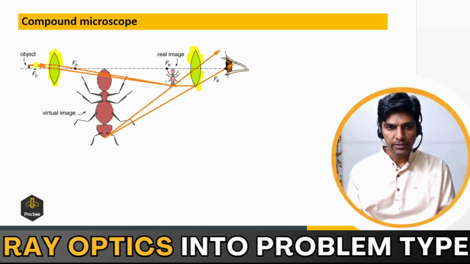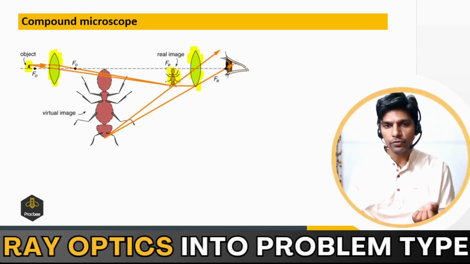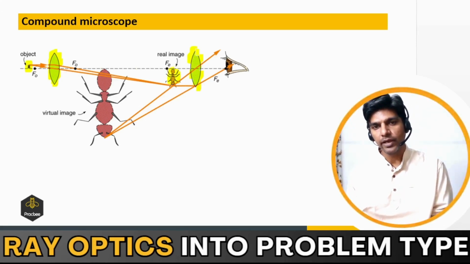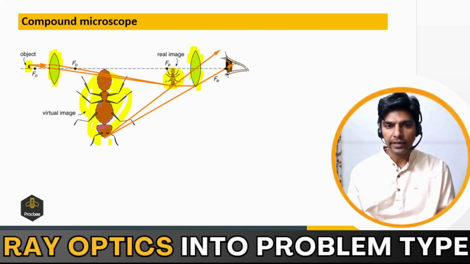Now, the object is placed beyond the focus for the objective, and its real and inverted image is formed. We'll make sure this image is formed between the focus and the optical center of the eyepiece. Now, this intermediate image will act as the object for the eyepiece, and we'll get a final virtual and erect image.